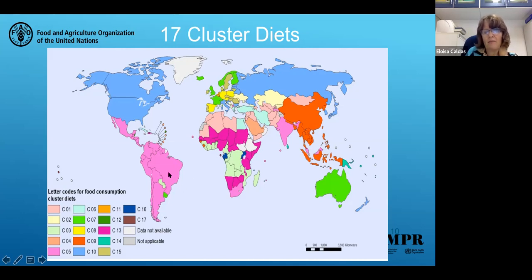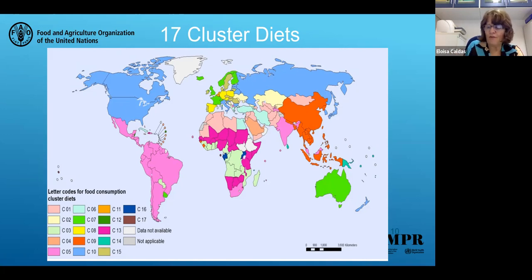What I may say is that the previous 13 diets better reflect the diets from Latin America, but probably not so well the diets from Africa. But I'm expecting that this diet should be revised soon, because we have been using it for almost 10 years now.